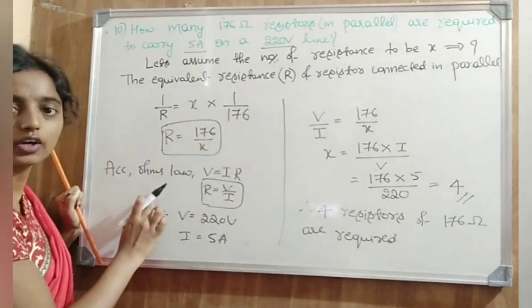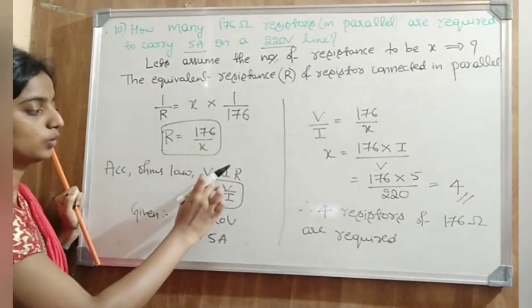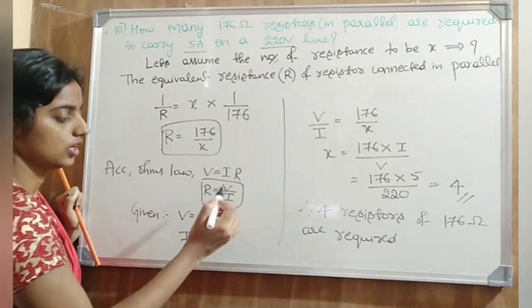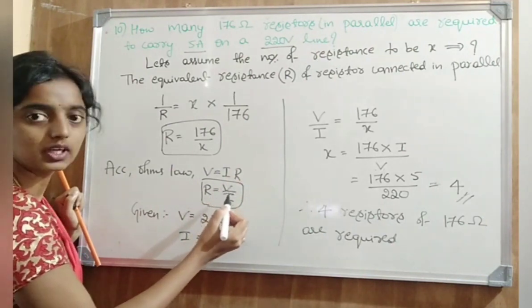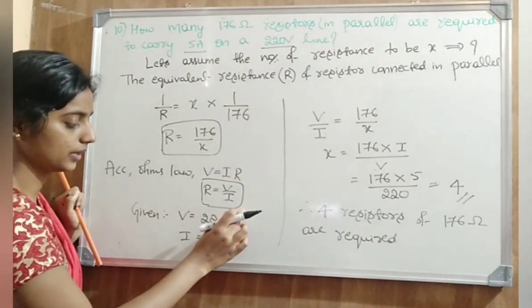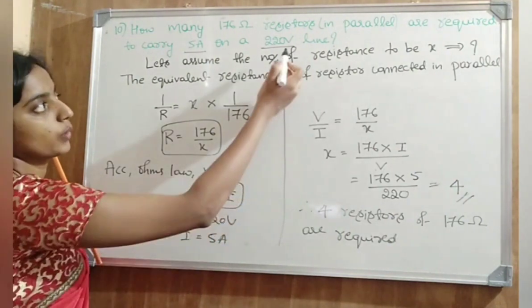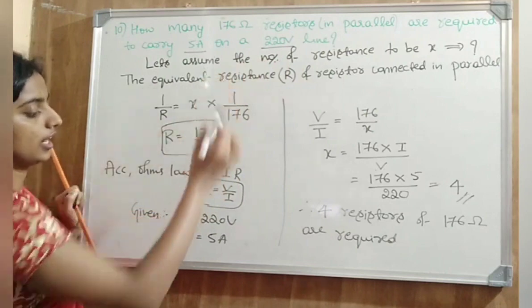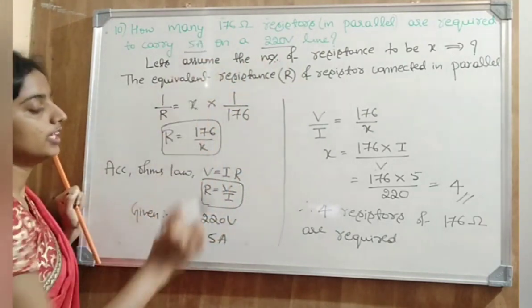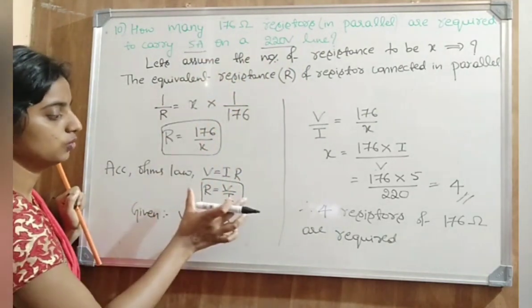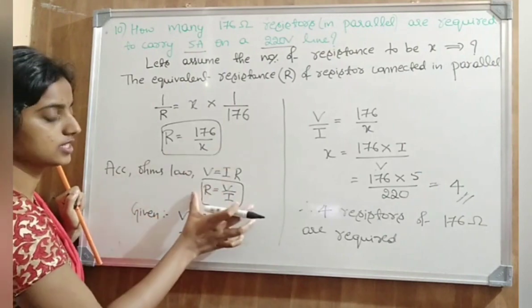Now according to Ohm's law, we know that V is equal to IR. If you take R outside, it will become V by I. And in the question they have given V and I. V is 220 volt and I is 5 ampere. Now substitute R in this equation.